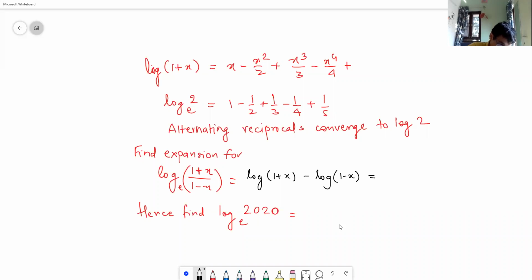This is going to be equal to 2 times x plus x cubed by 3 plus x fifth by 5 plus dot dot. Hence find log 2020, I mean the series expansion.